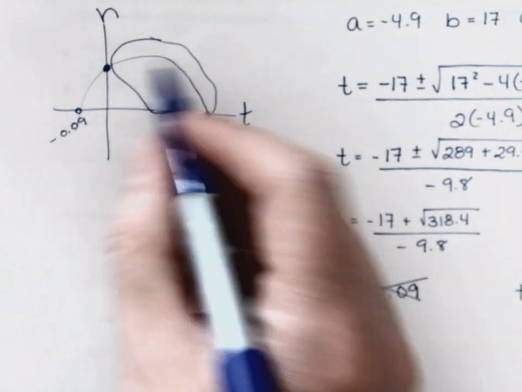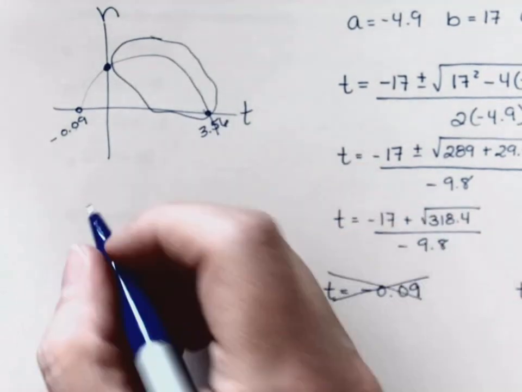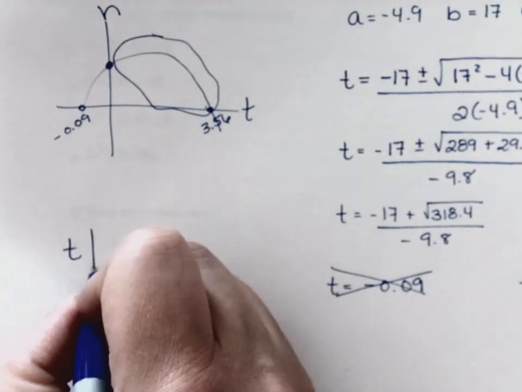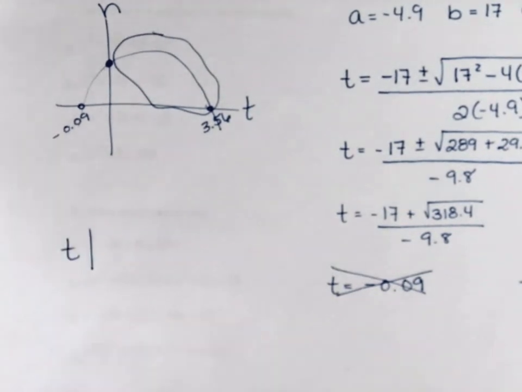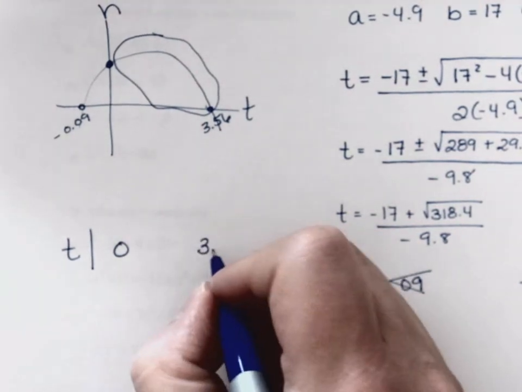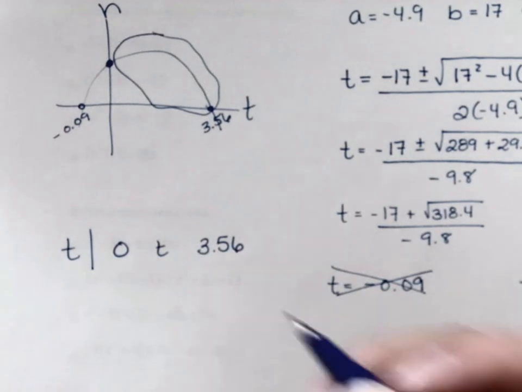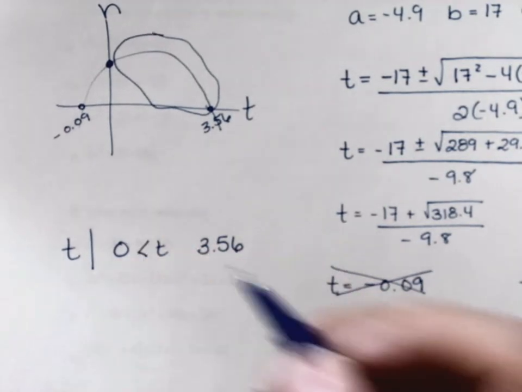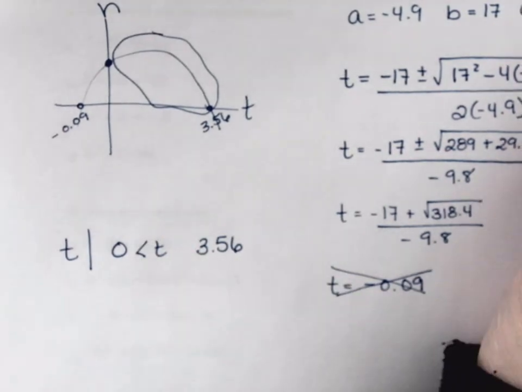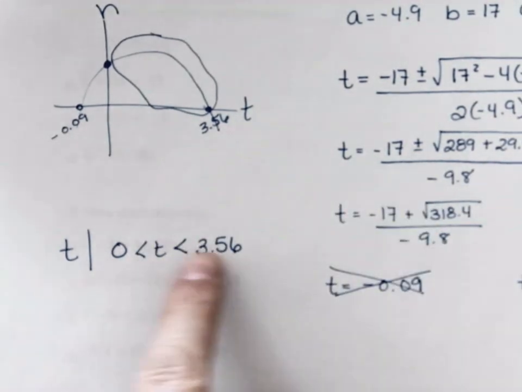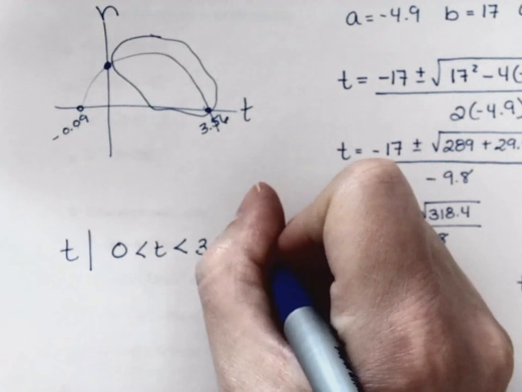So what we know is the ball is in flight when, so we're going to define our variable, t, right? We're talking about t's. We know lower limit, which is 0. We know higher limit, which is 3.56. We put our letter in between, and again, no equal to sign in the question, so there's no equal to sign here.